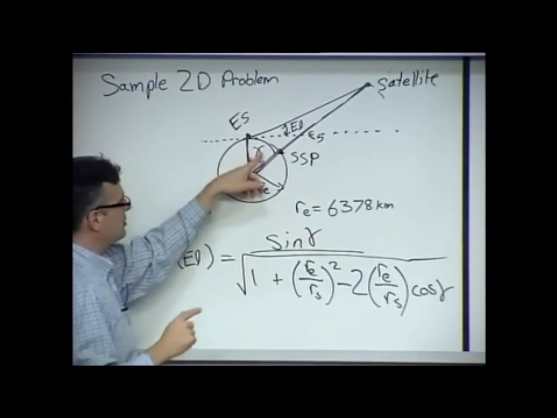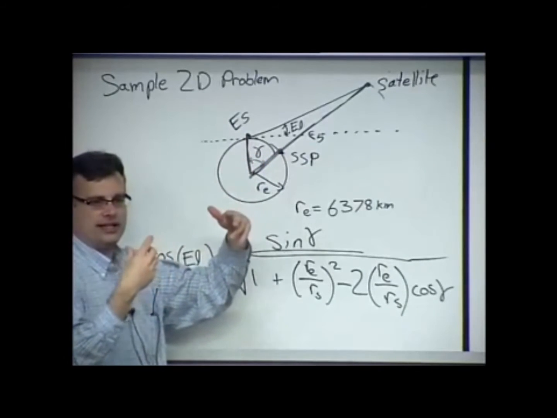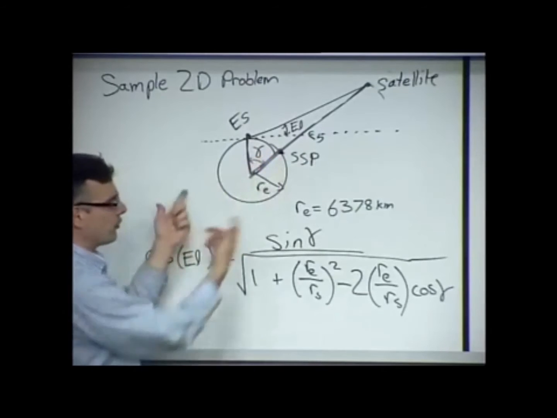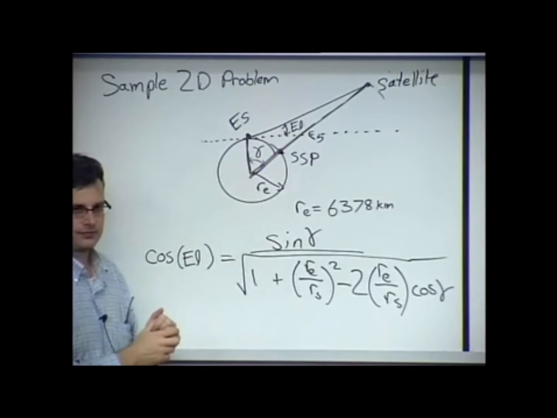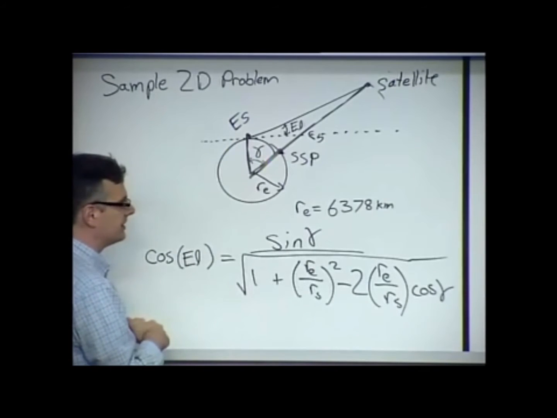Our pre-step to the 3-dimensional problem is using our satellite subpoint and Earth station longitudes and latitudes to calculate gamma before we do this calculation. And then we move off into azimuth calculations.